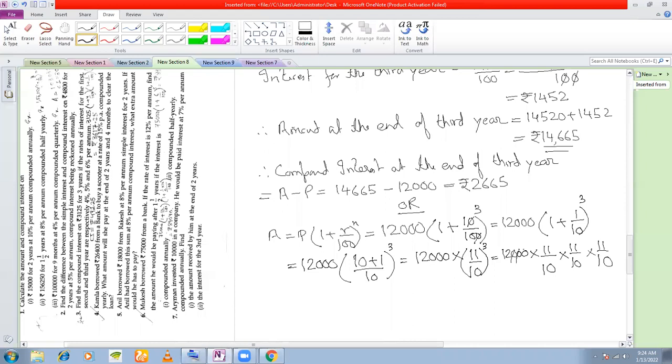So 3 zeros cancel from here, right? So you simply get 12 into 11 into 11 into 11, right? So this should come out to be 14,000.